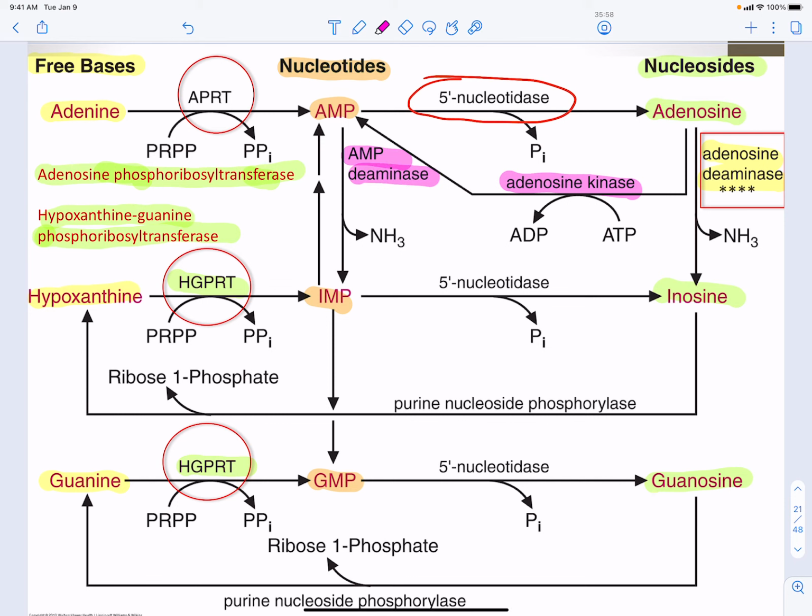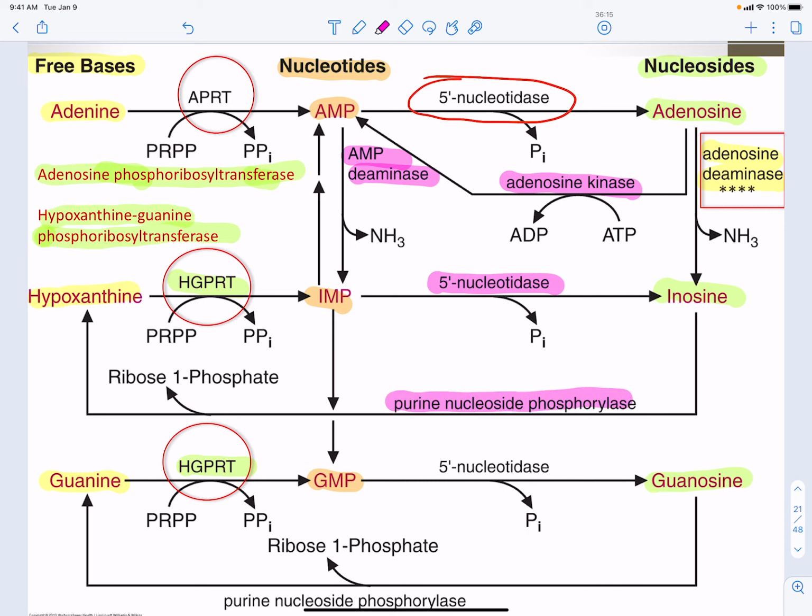And then once you have IMP, you can go through that whole process that we talked about before using ATP to make GMP. You can also convert it back to a nucleoside inosine, and then you can have a purine nucleoside phosphorylase that regenerates hypoxanthine.